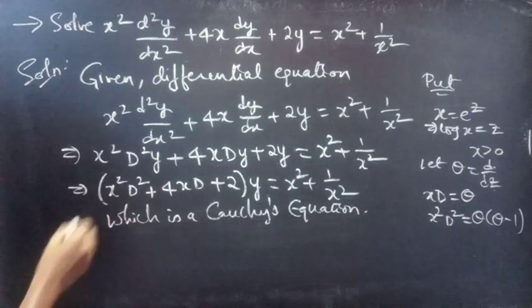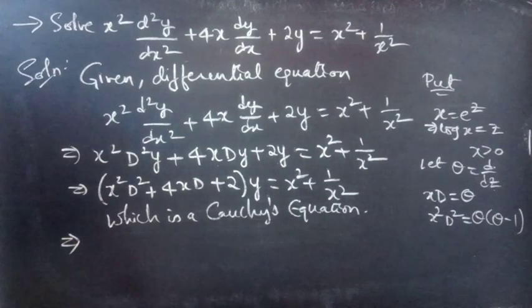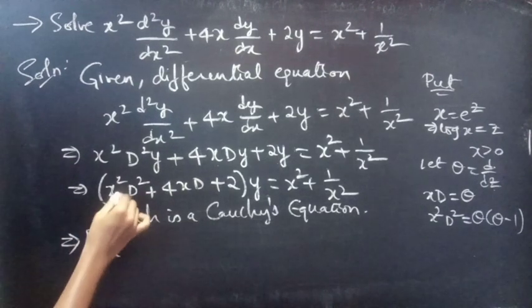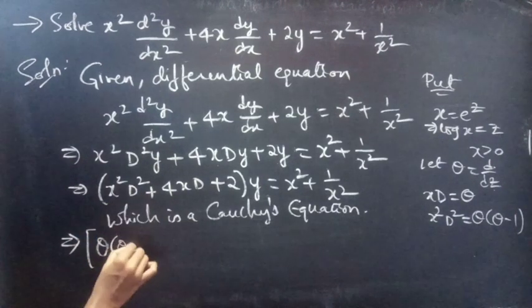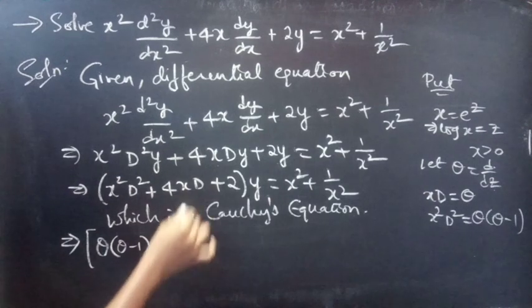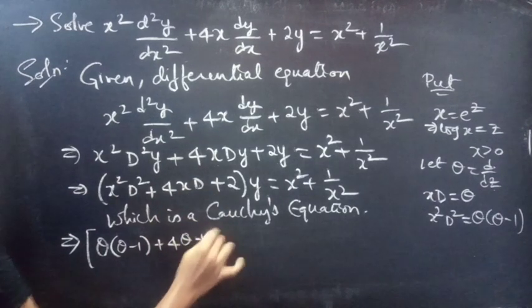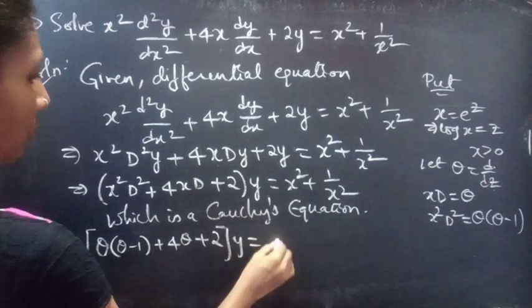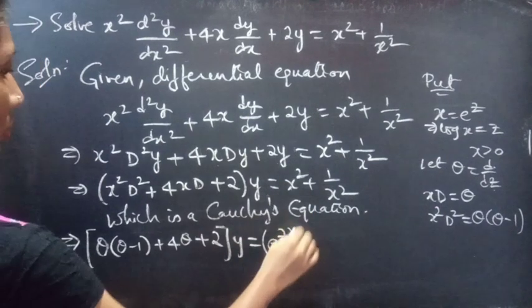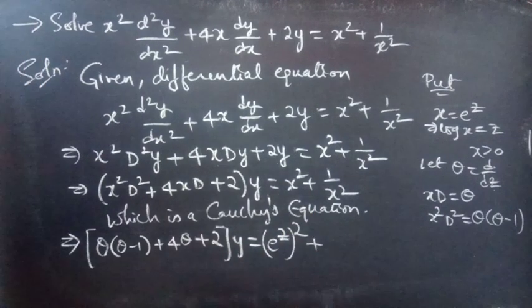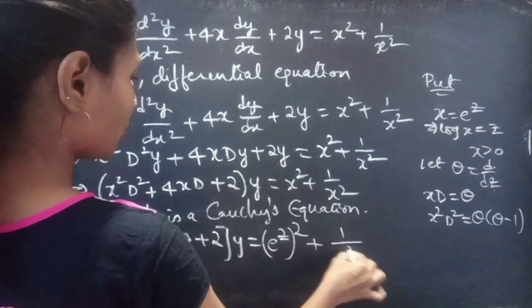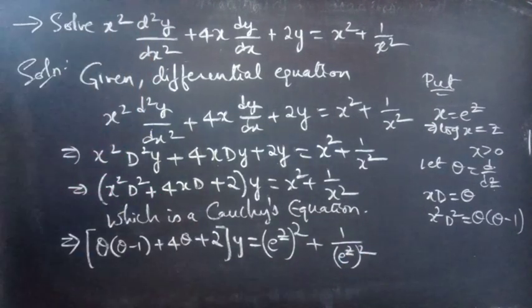Now Cauchy's equation becomes: replace x square D square by theta into theta minus 1, plus 4 into replace xD by theta, plus 2, into y equals replace x by e power z, we get (e power z) whole square plus 1 by (e power z) whole square.